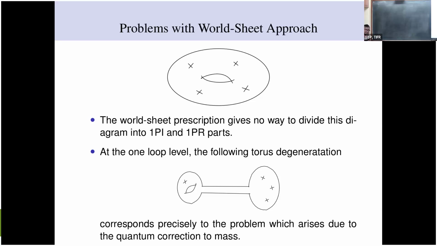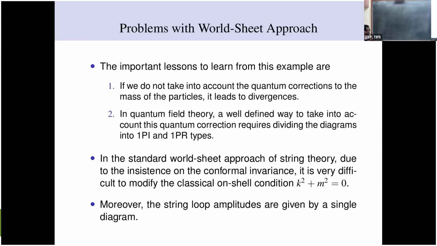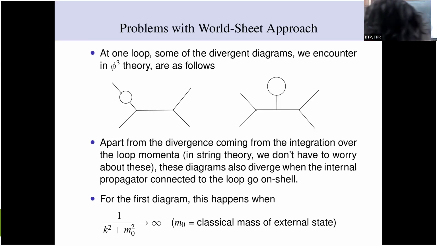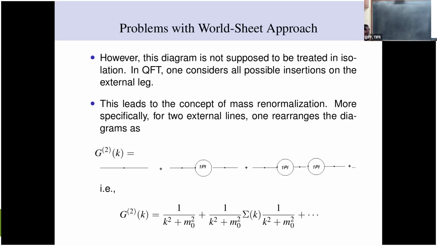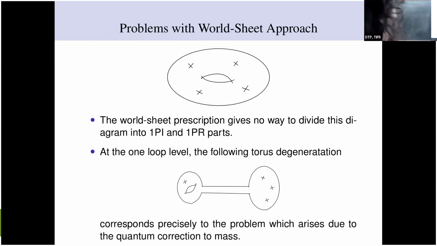Can you fill in the second point? So here, in QFT, we had a loop on the external line. In this particular region of moduli space, you have three punctures on one side, and this other puncture along with the loop part is separated by a long tube.